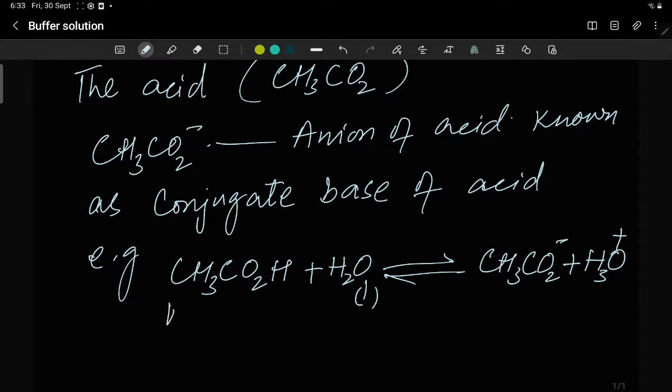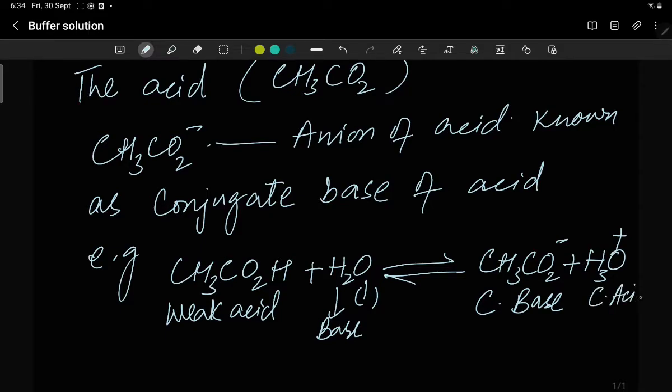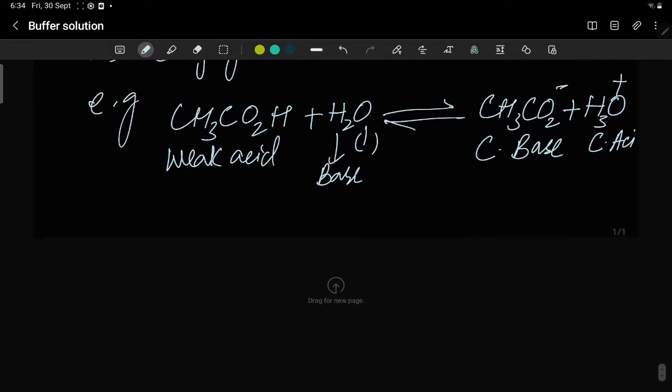This is weak acid and this water acts as a base. This is conjugate base of weak acid and this is conjugate acid of base.